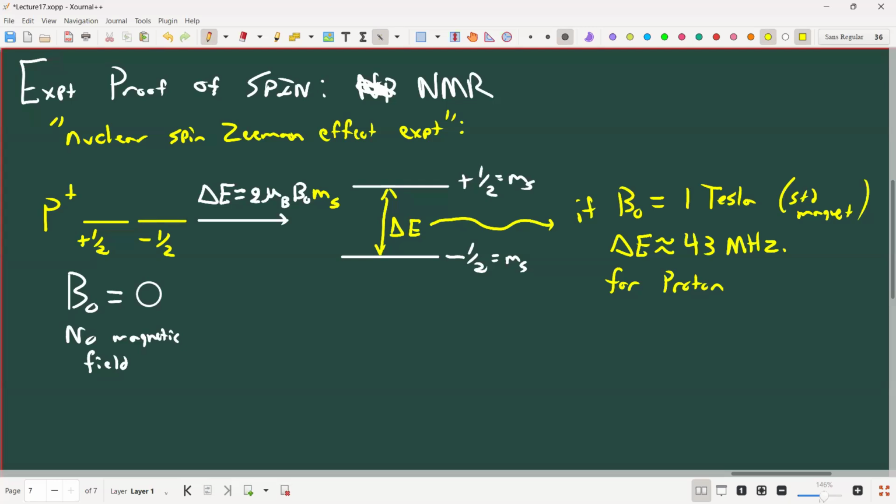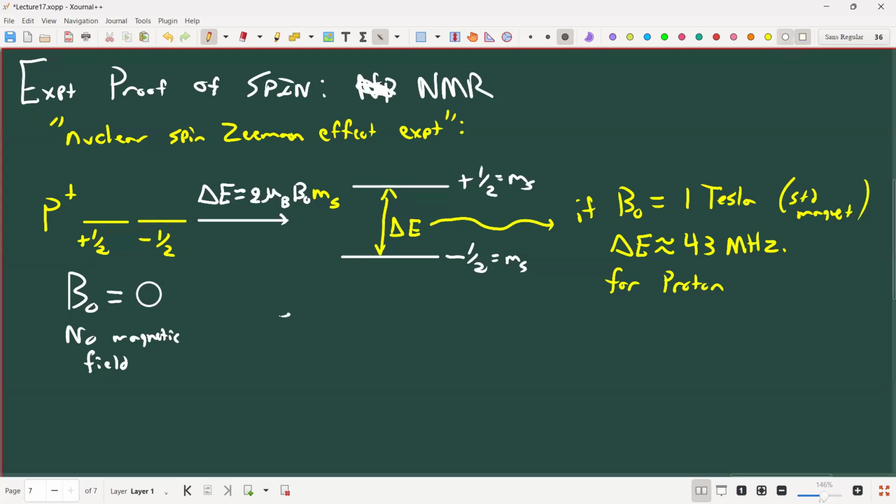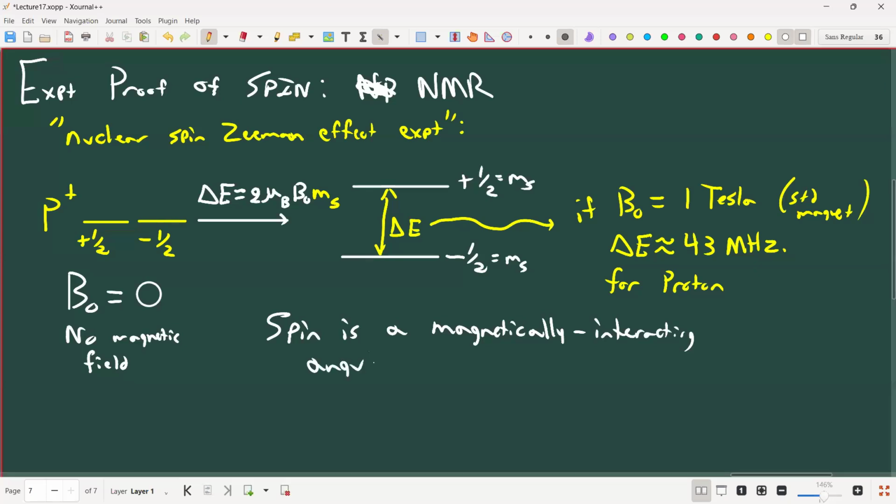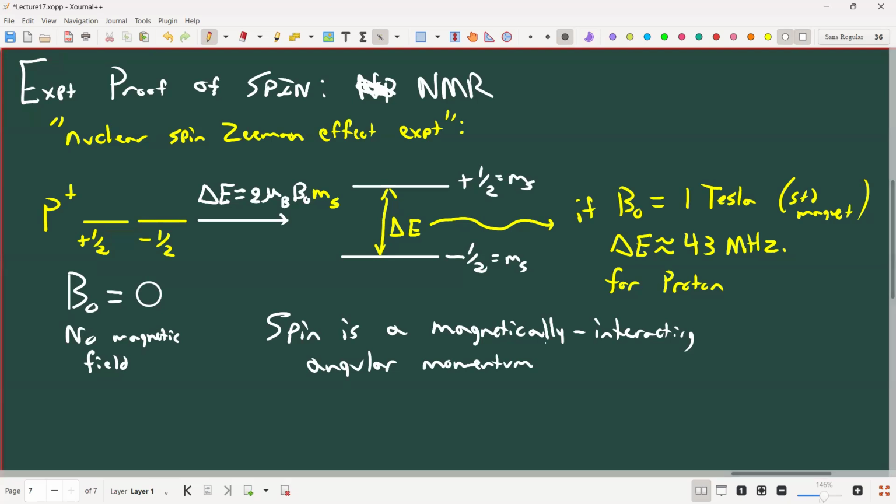So the idea is that the spin is a magnetically interacting angular momentum. It also is electrically as well, but we won't worry about that so much.